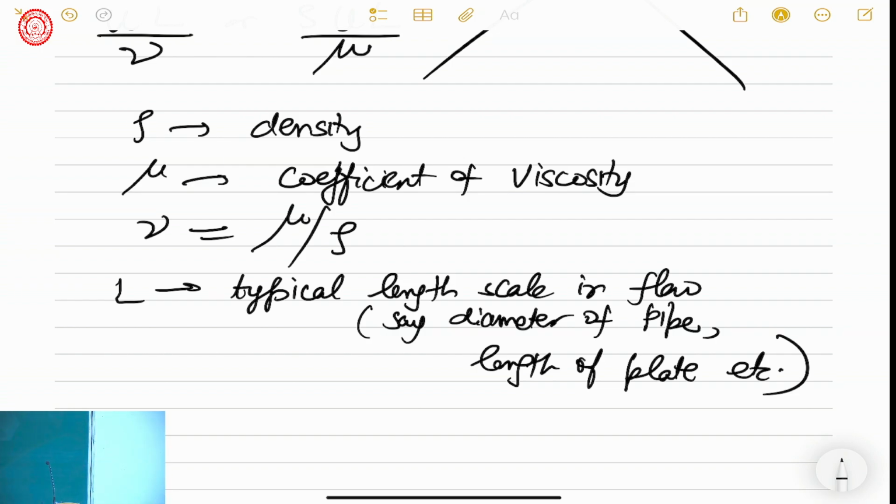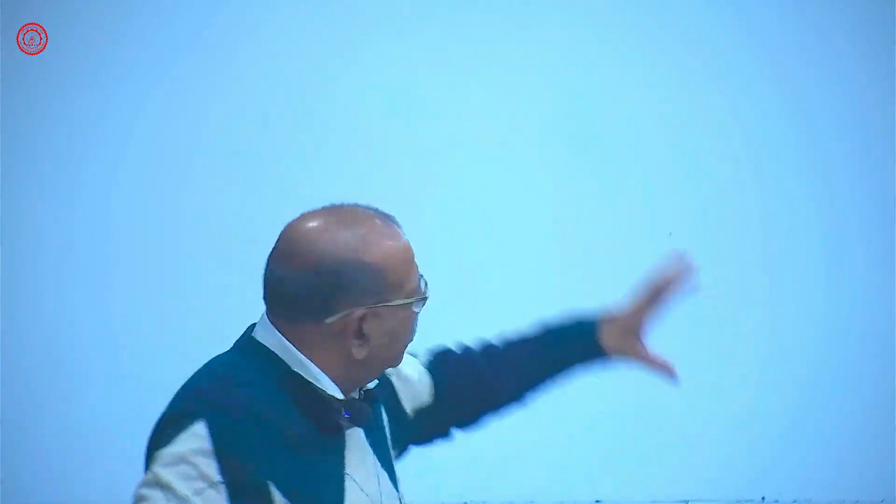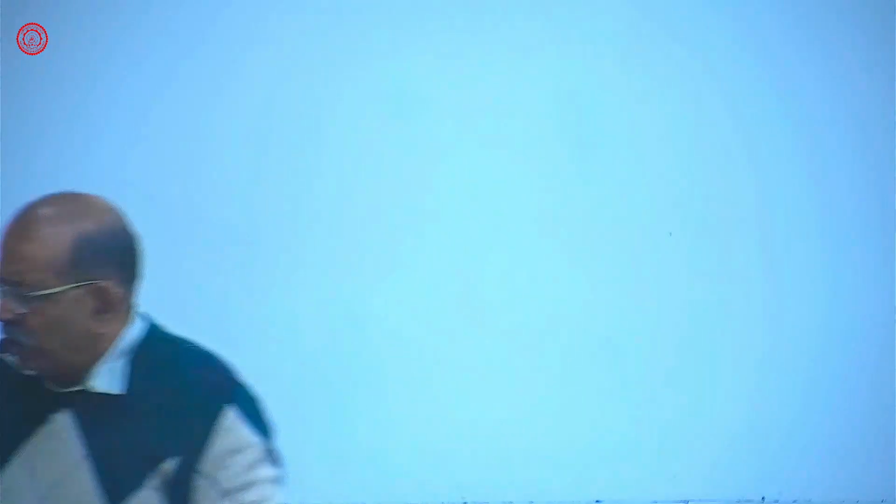Suppose it's flow in a pipe, then L will be the diameter of the pipe. If it is flow over a plate, then L will be the length of the plate. So some typical length in the flow, and U is a typical velocity.